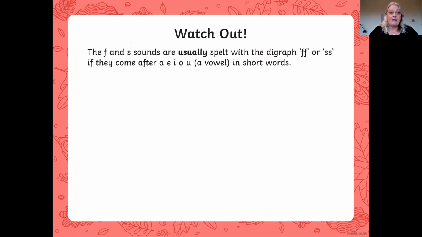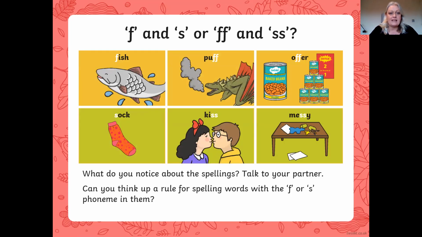So the rule I came out with was the f and the s sounds are usually spelt with the digraph ff or ss if they come after a vowel, an a, e, i, o, u. So if it comes after a vowel in short words, you use the digraph. Let me go back to that page.